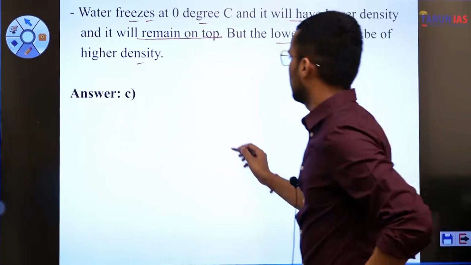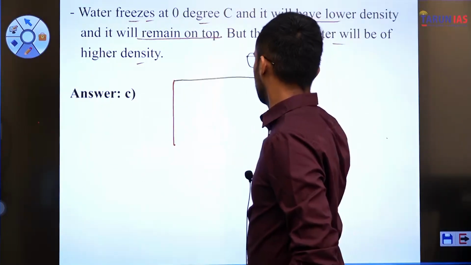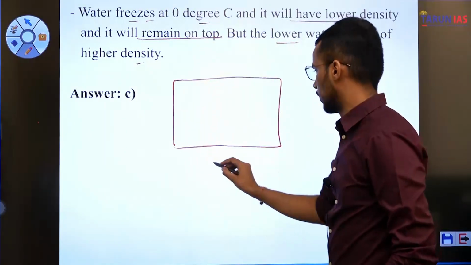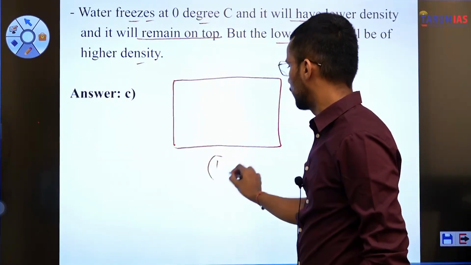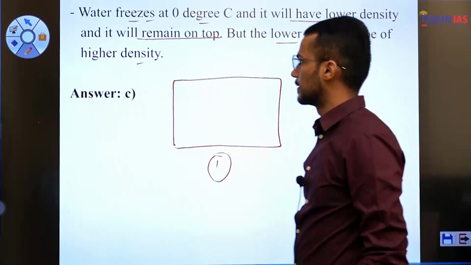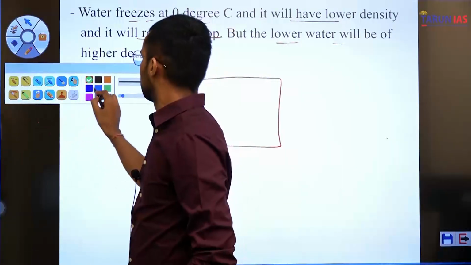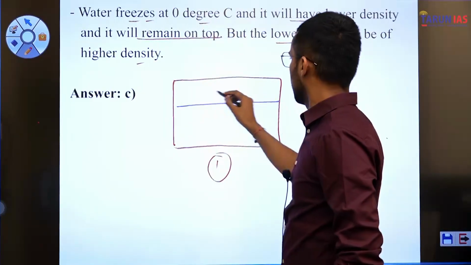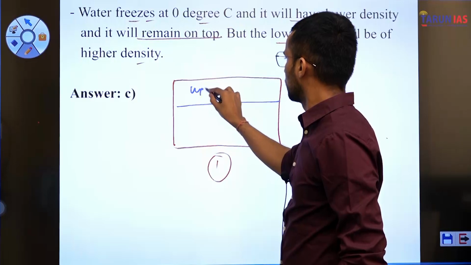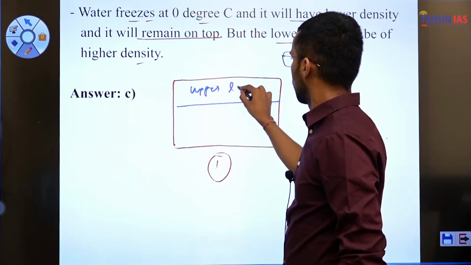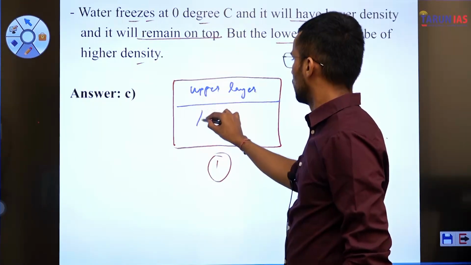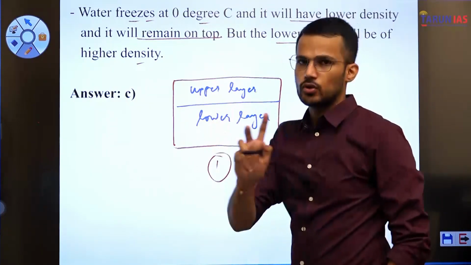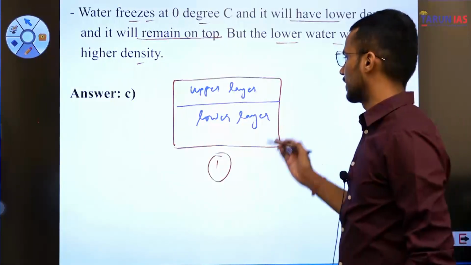So let us assume that this is a lake body. We'll be discussing the first part of this particular example. Now let us consider this is the upper layer of water and this is the lower layer of water, and let us consider that there are only two layers for the simplicity of our explanation.